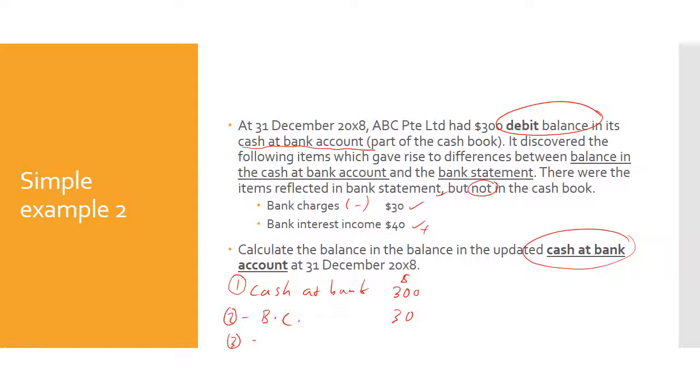So we just add the interest income of 40. Sorry, apologies for that. 300 minus 30, then plus 40, that gives you $310. So that is the updated balance. Not too bad, right? And that is your answer. Very straightforward.